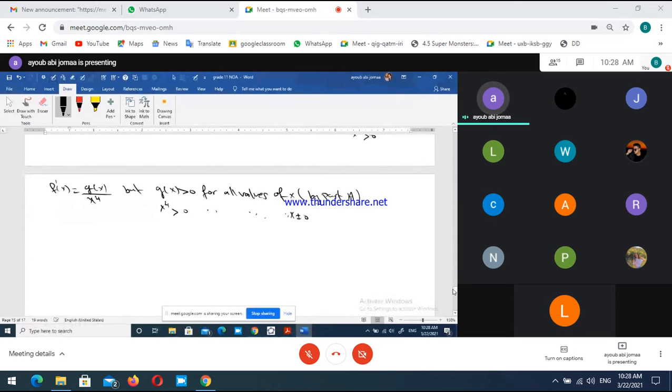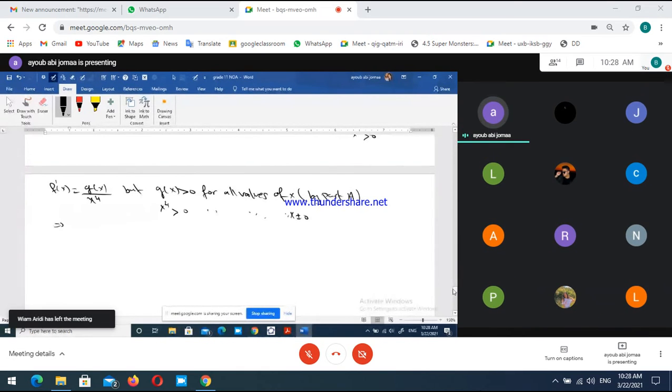It means that f prime of x is greater than 0: the numerator is positive, the denominator is positive, so the ratio is positive, for all values of x in the domain of f.